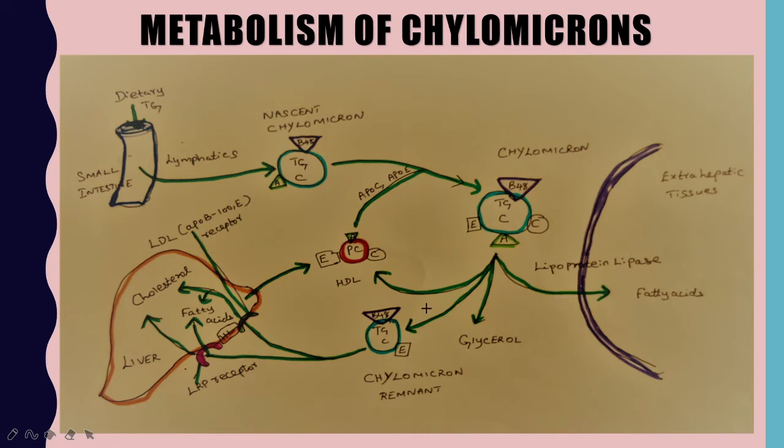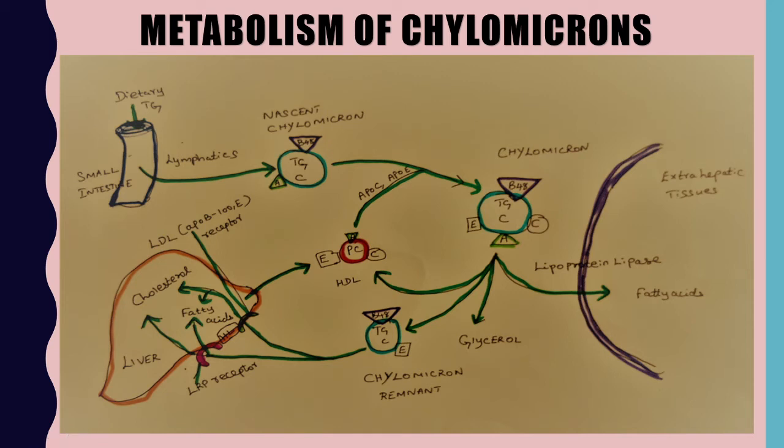These free fatty acids, released from the hydrolysis of triacylglycerol by the action of lipoprotein lipase, will be taken up by the extrahepatic tissues, where they are utilized for energy production.